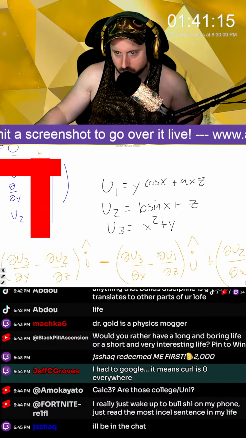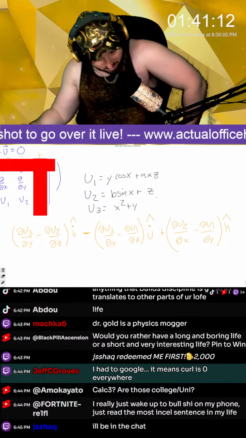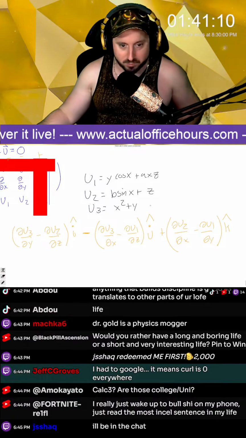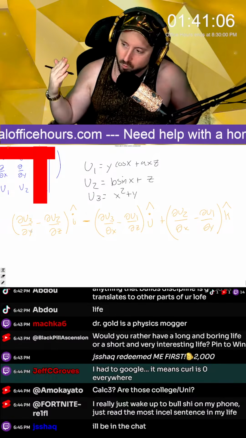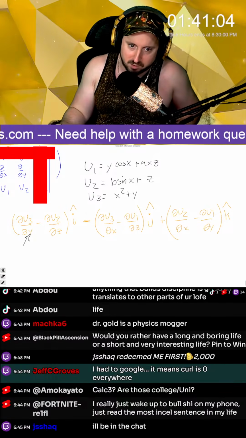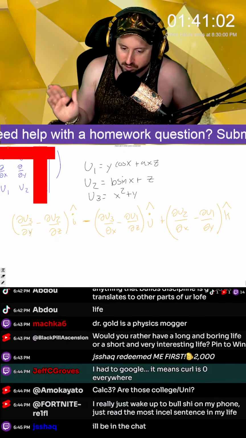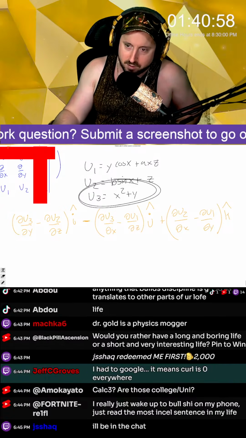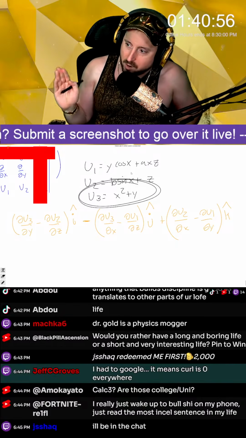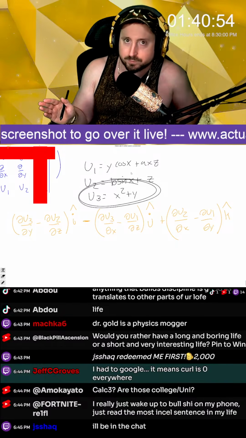Wow. Now we just get to have a lot of fun doing all these partials. Partial means that we take the derivative with respect to just this variable, and anything else is considered a constant. So du3 dy means I take the derivative of it, but I only consider things that are y's.